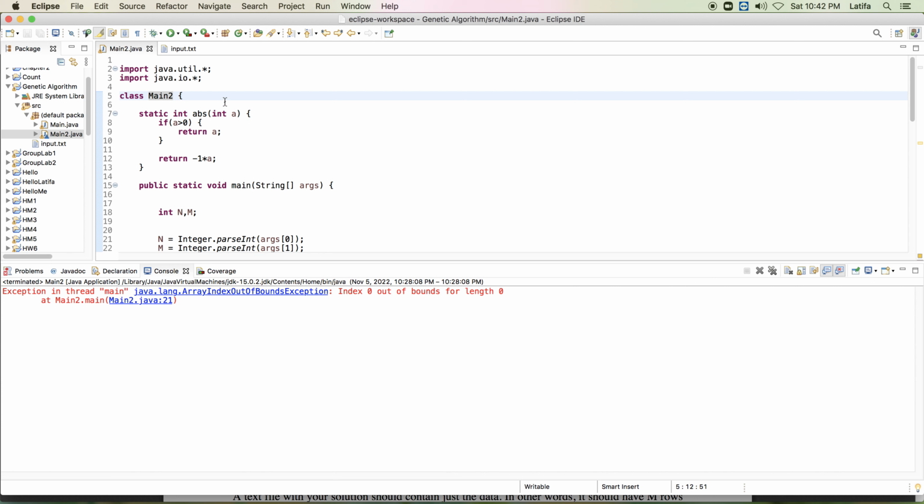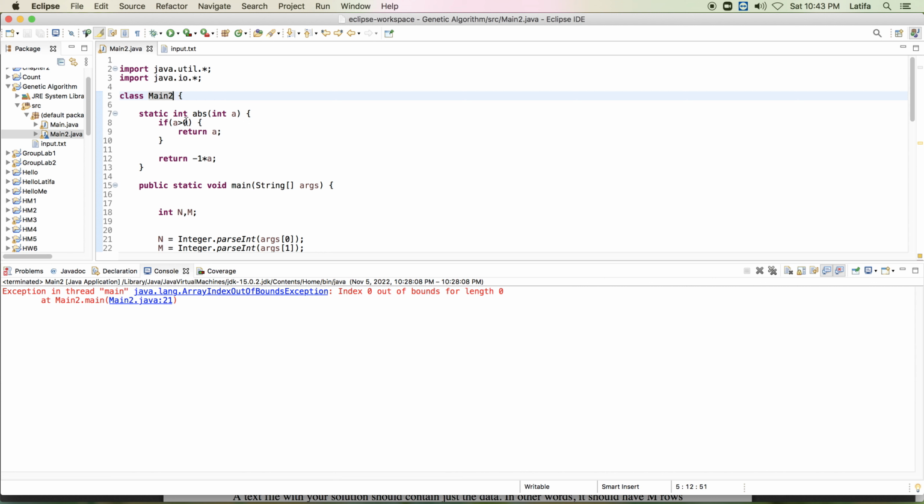The first thing here, I have imported the libraries, java.util and java.io. And then I have created a class named main2. Inside this class, I have defined a method called abs, for absolute value. It takes an integer, its return type is integer as well, and it's static.